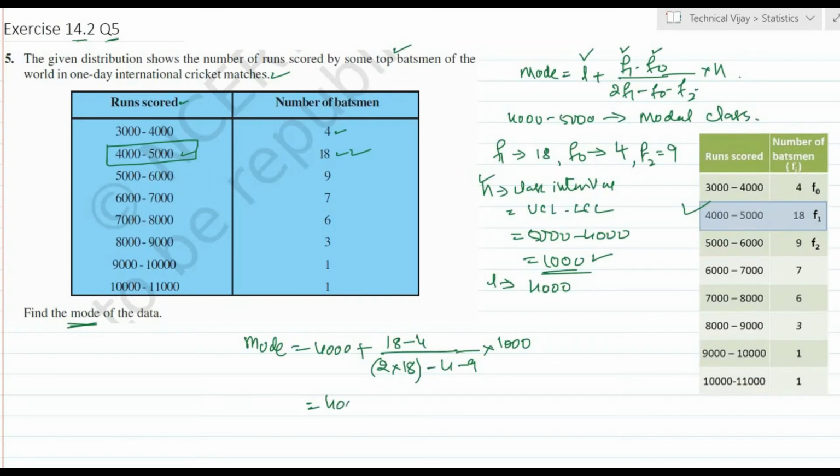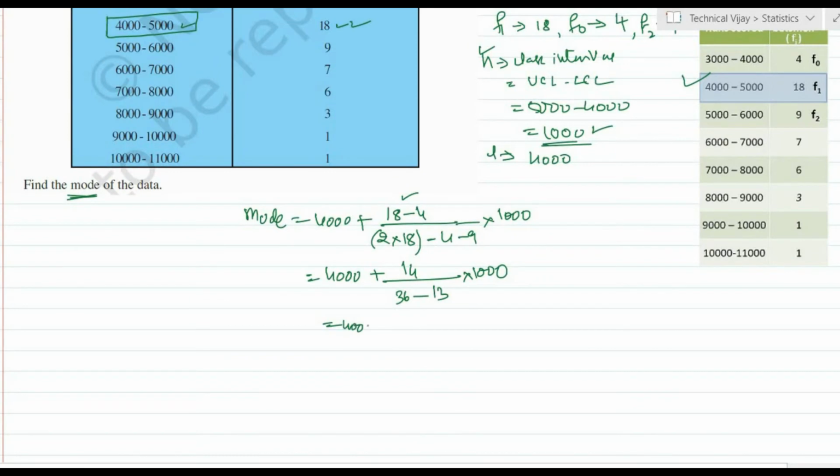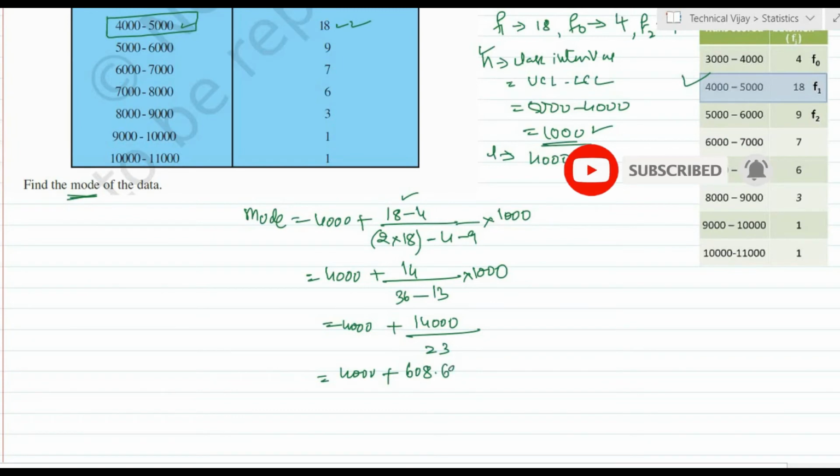Here 4000 plus 18 minus 4, that is 14, divided by 36 minus 13, into 1000, equal to 4000 plus 14 into 1000, that is 14,000, divided by 23. This is 4000 plus 14,000 divided by 23, which is approximately 608.69.